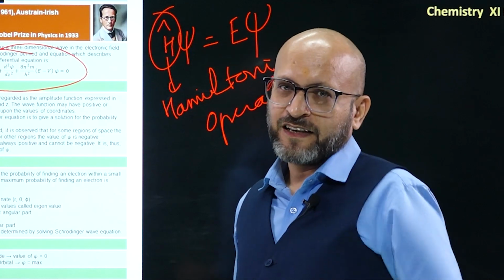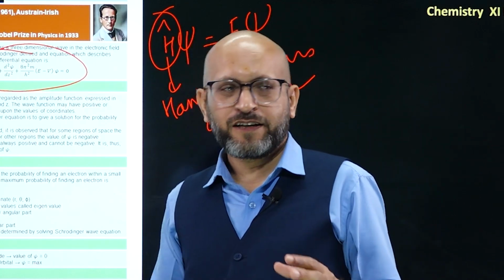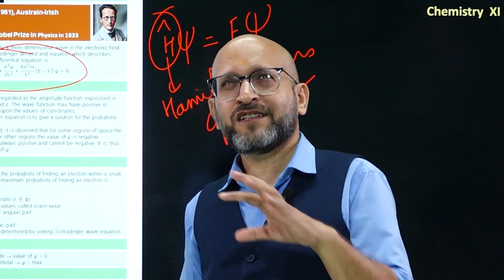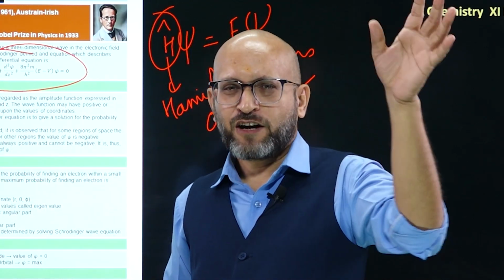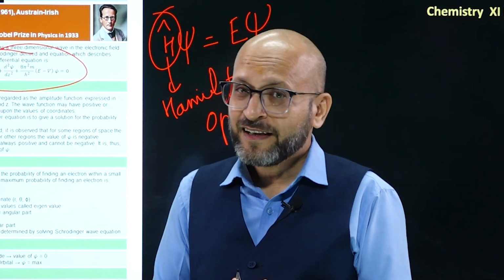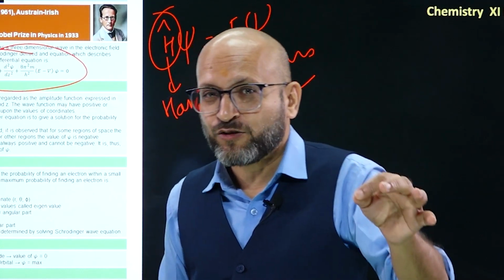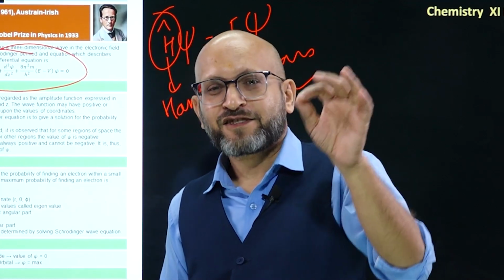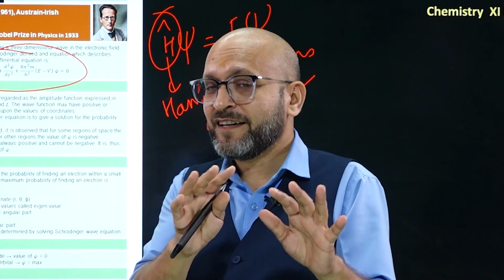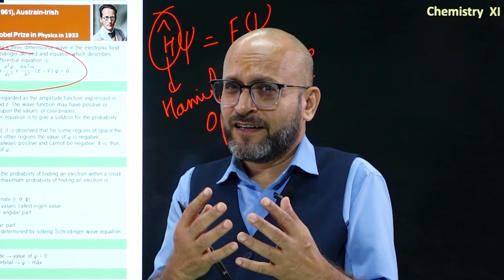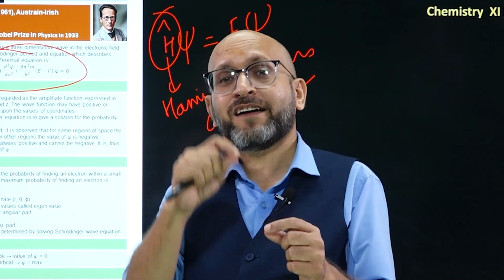Just imagine this: if you are going from your home to your school and you see light clouds, then you say, oh, there are chances of rain. If you see dark clouds, then you will say, oh, today rain is going to happen for certain, right? So similarly, psi does not have physical importance, but psi squared does.